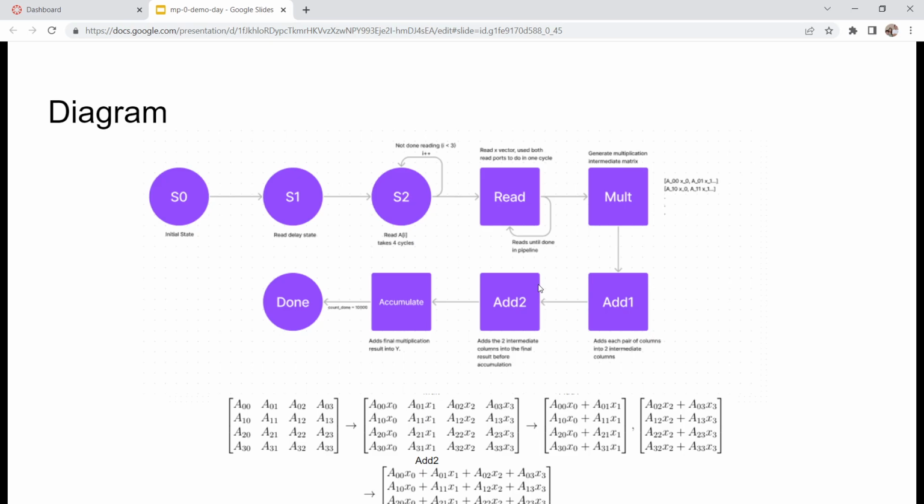The next step was we multiply the X vector by the A matrix, and then we added the multiplied matrix in steps, just because I couldn't figure out how to add 4 vectors in one operation.